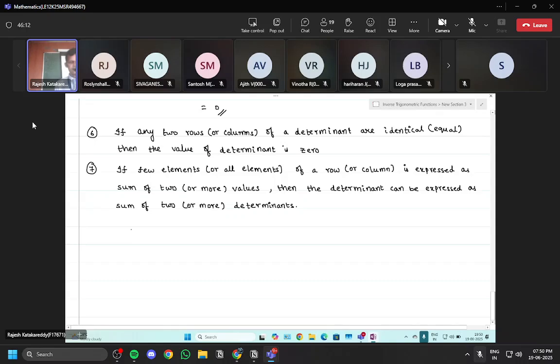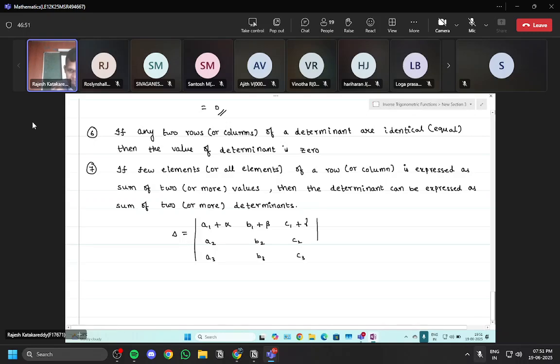See, like what actually I mean. Let's say we have delta is equal to determinant of order 3, with first row A1 plus alpha, B1 plus beta, C1 plus gamma, and then A2, B2, C2, A3, B3, C3.